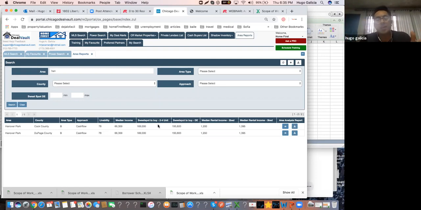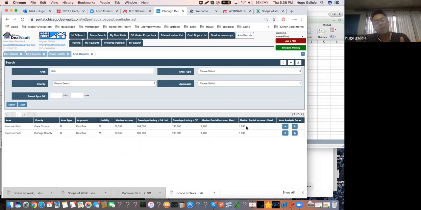Now, I have 2 columns that I want to look at. Sweet spot to buy, DE stands for detached, so single family home. The sweet spot to buy a single family home is $193,000. And then I want to know the median rental income for a 3-bedroom, which is $1,395.